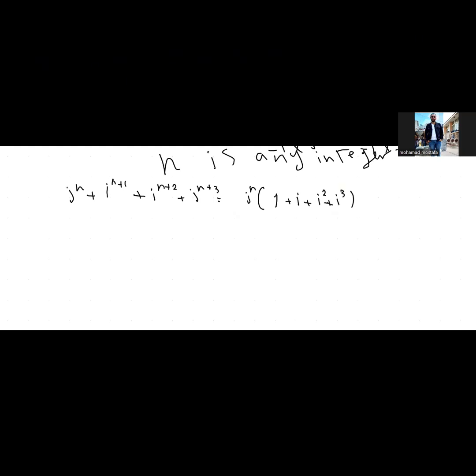Which is equal to i power n, and here 1 plus i, and i power 2 equals -1, and i power 3 equals -i, we can cancel everything, equal to i power n times 0, which equals 0.